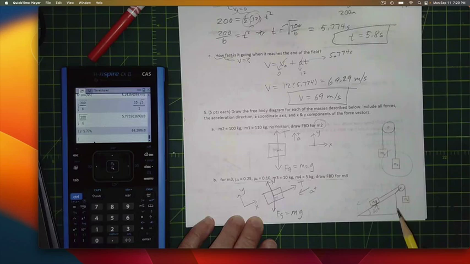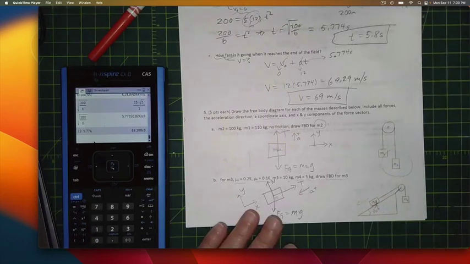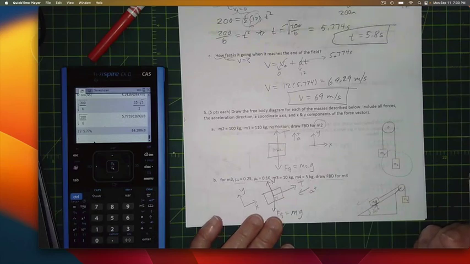Which way do I want to draw my force of friction? If we are assuming that it's moving, I should probably turn it around.